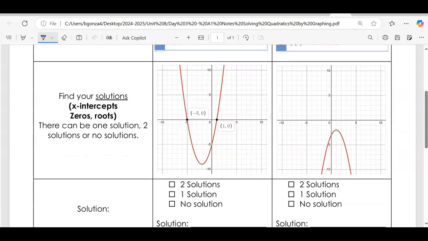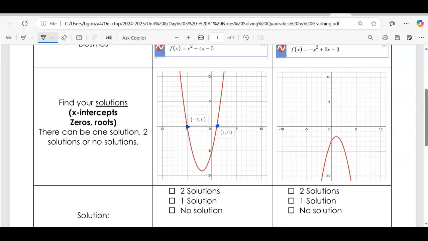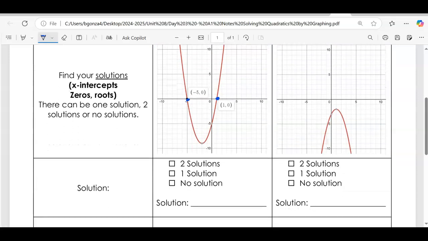When we graphed it, it looks like this, right? 1 and -5. Now here's the question. How many solutions is that? So here's one, here's one. How many solutions is that? 2, right? There's -5, there's 1, 2 different solutions, okay?